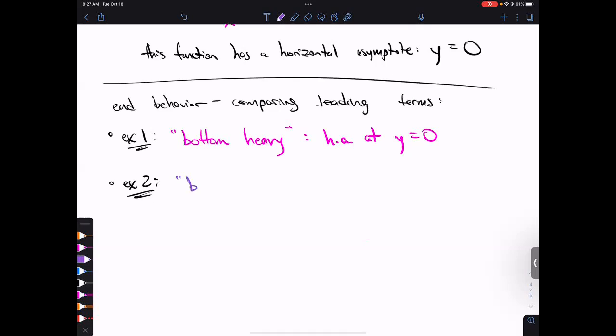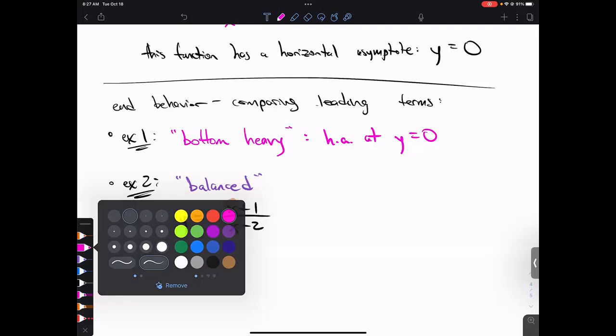Let's call this balanced. Something like that, maybe. What do I mean when I say this is balanced? We're looking at the leading terms, that's those.